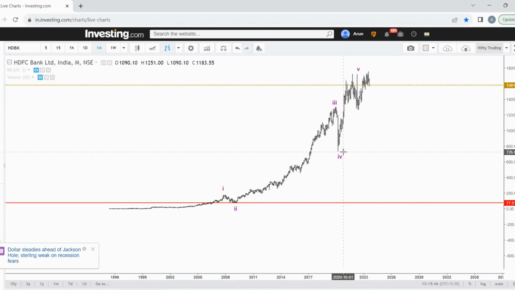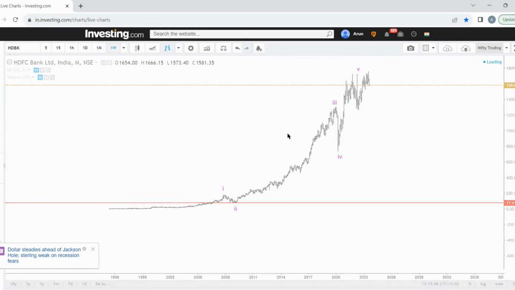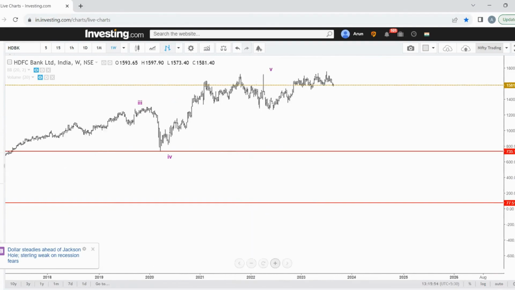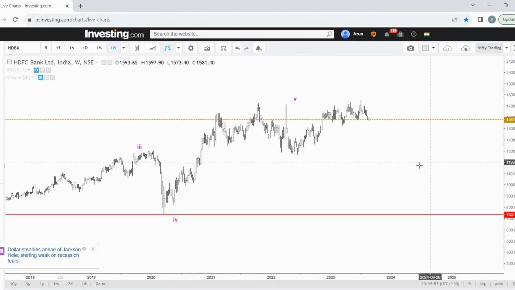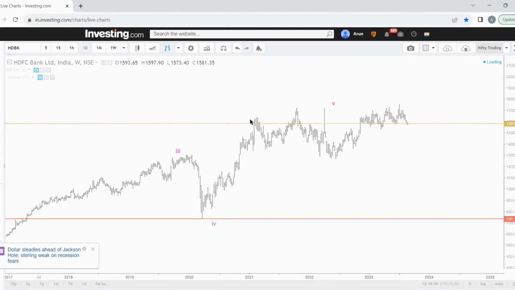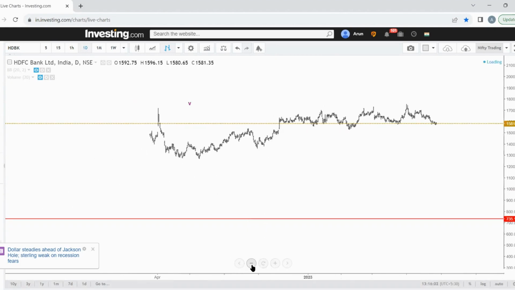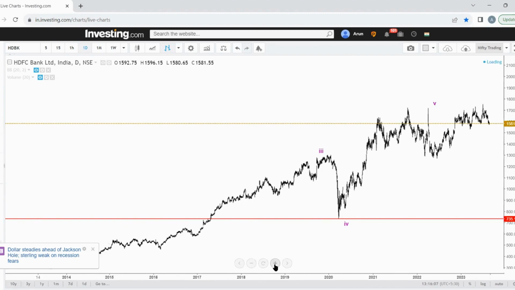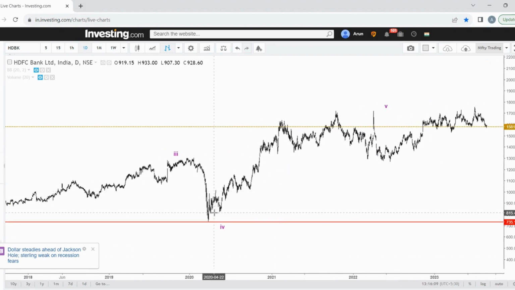Okay, then we can analyze from this low, that is from the 2020 low. I use the daily chart for more clarity. Here also 1, 2, 3, 4, 5.